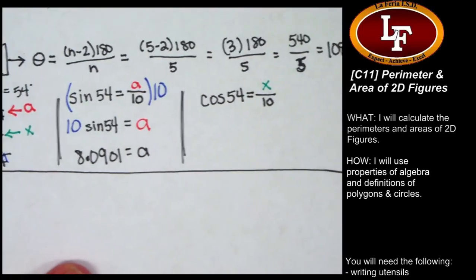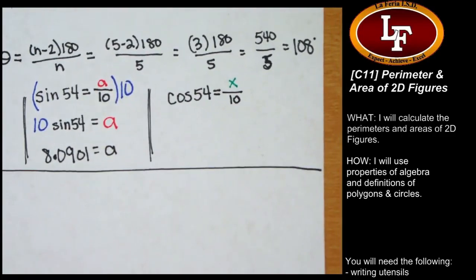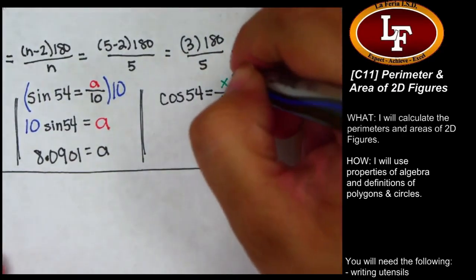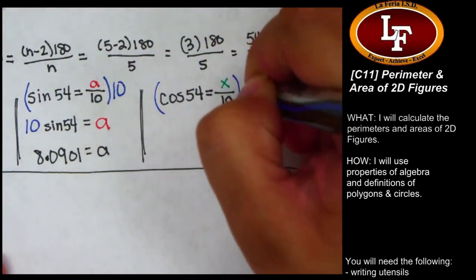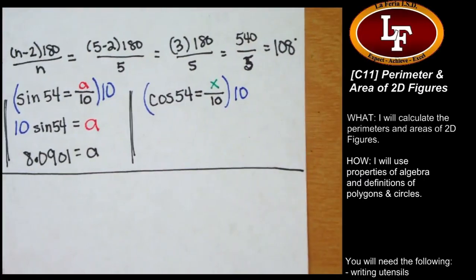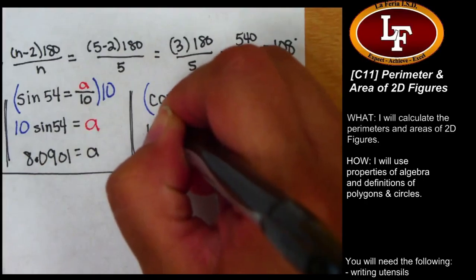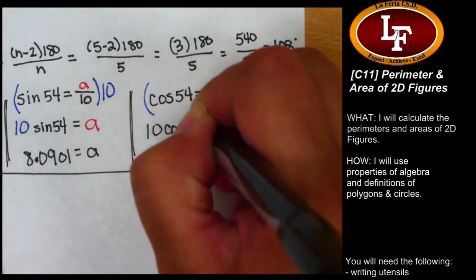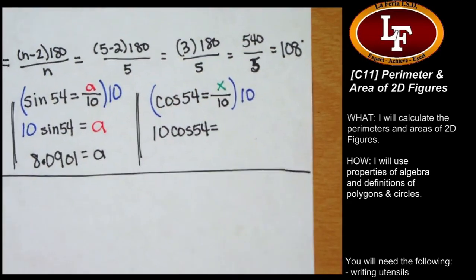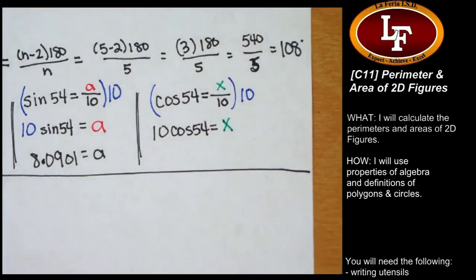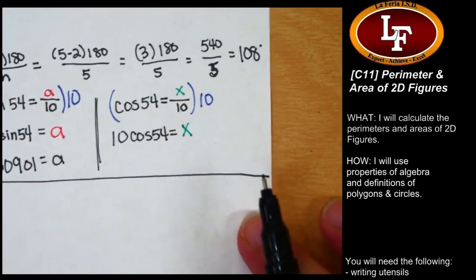Just like what we did in the previous example, because the variable that I'm looking for is being divided by 10, I'm going to multiply everything by 10. When I'm done multiplying everything by 10, I'm going to see that 10 times the cosine of 54 will give me the value of that piece of the side of the triangle.